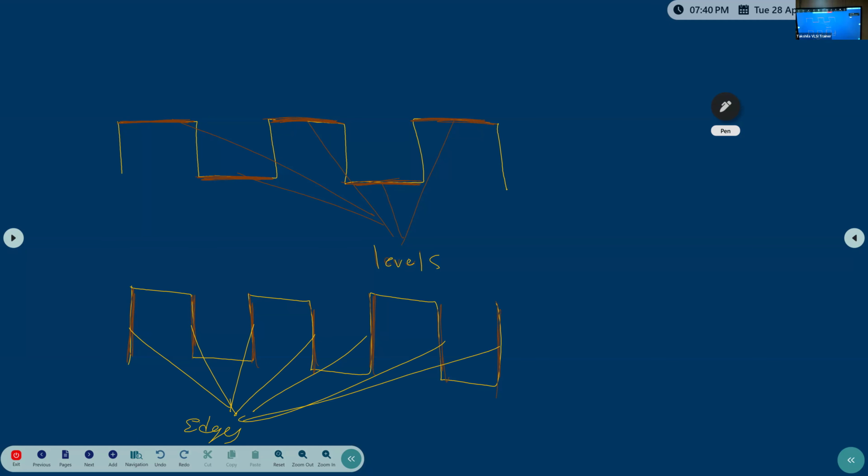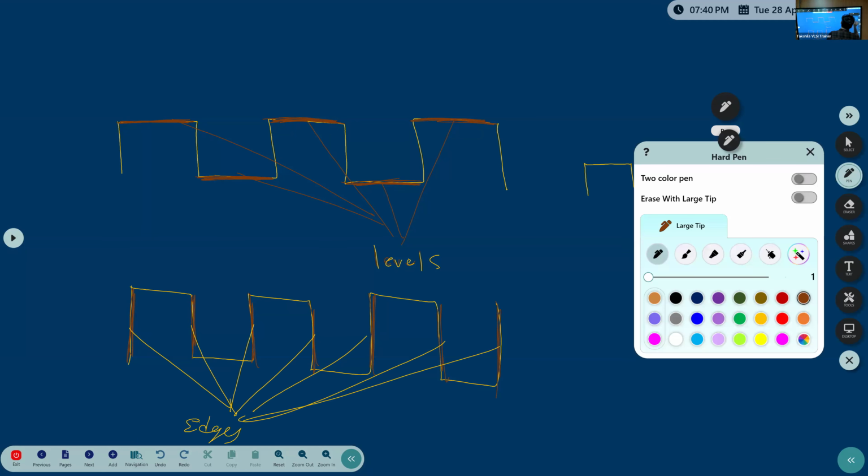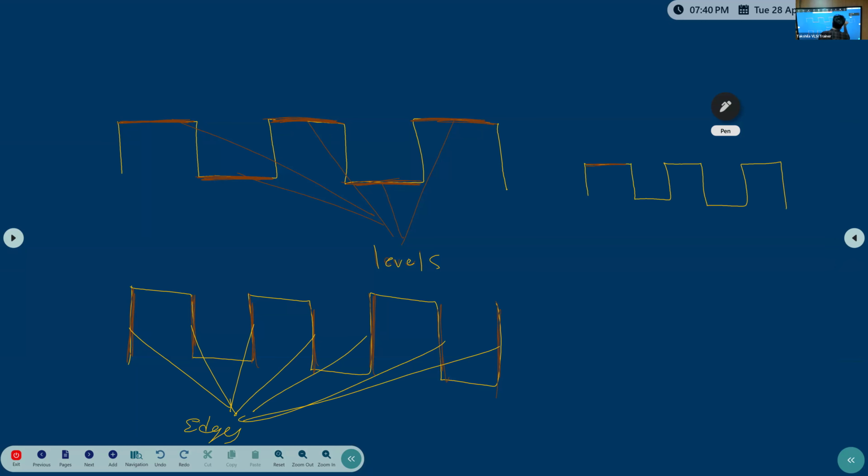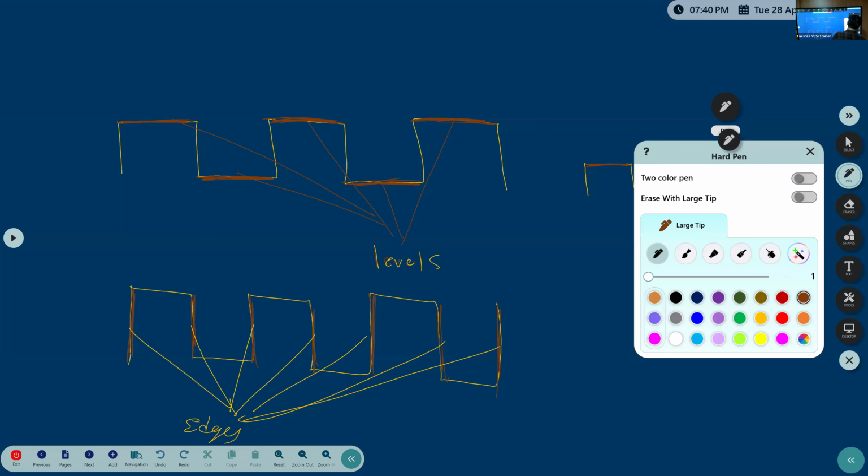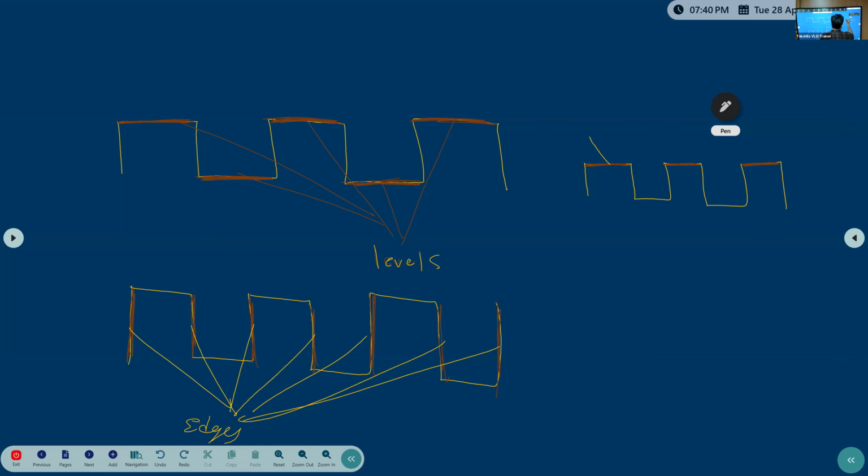Now in the clock period, if I take only the maximum value level, that level is called the positive level.